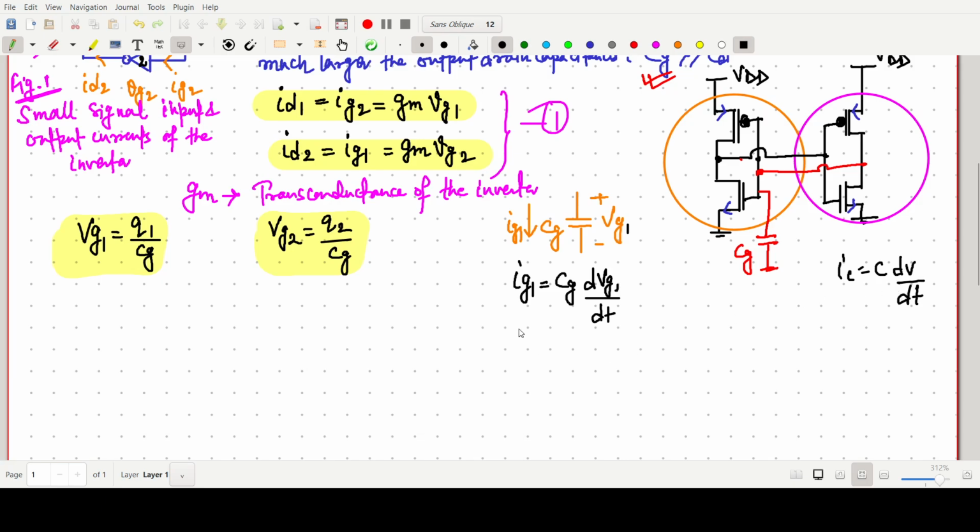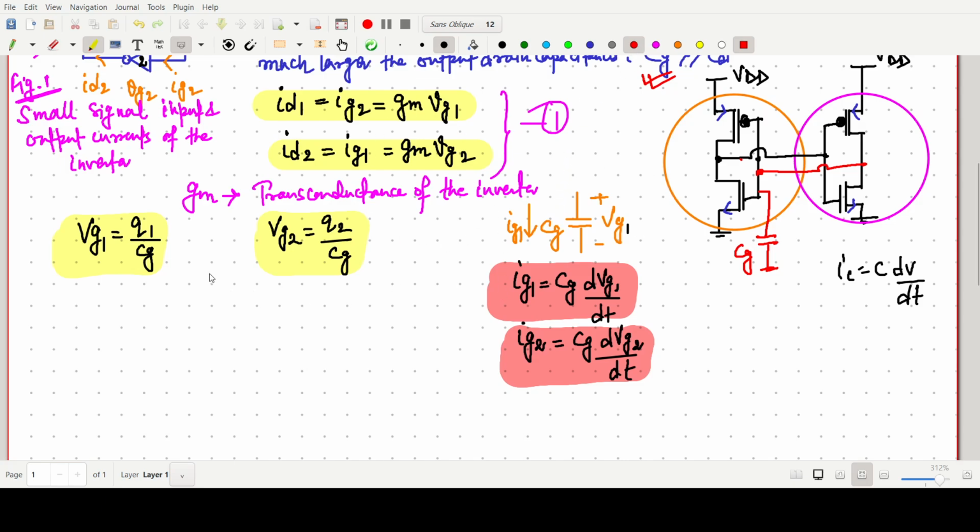Similarly, one more current equation we can write for Ig2. The gate current Ig2 can be written as Cg dVg2 by dt. So now these are some equations.